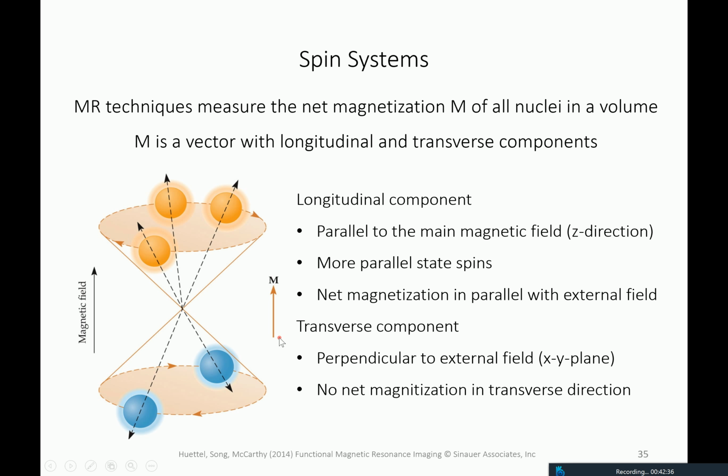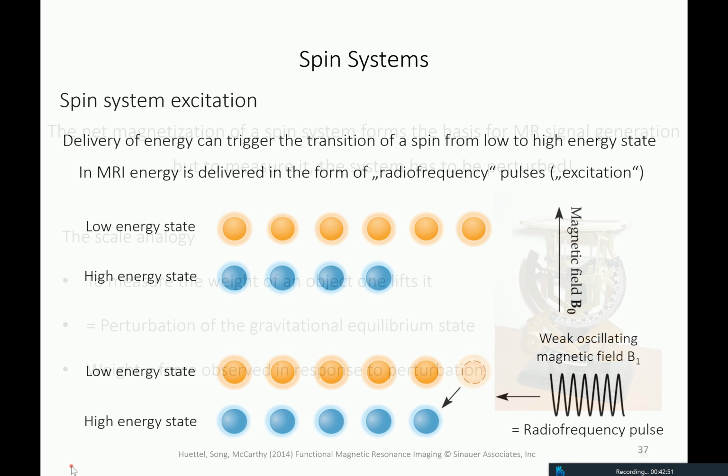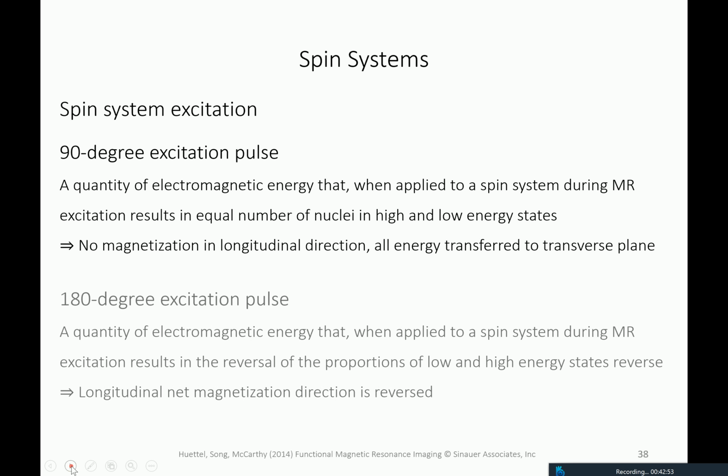It only measures what happens in the XY direction, and thus it measures nothing. If it's tilted into the XY plane, then it can measure something. We will come back and talk about this many times, but this is also why such a 90 degree excitation pulse, so tilting the net magnetization by 90 degrees, is interesting, because then you get a magnetization that you can actually measure.